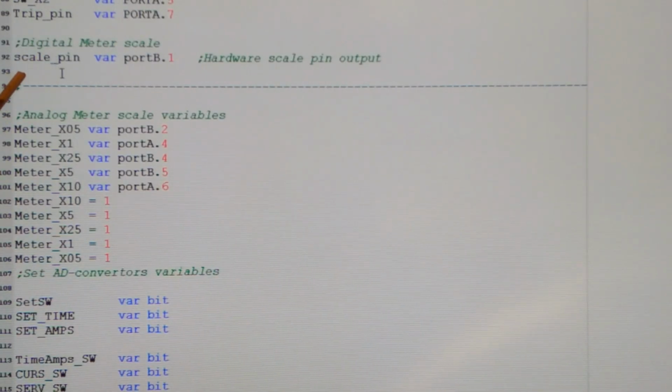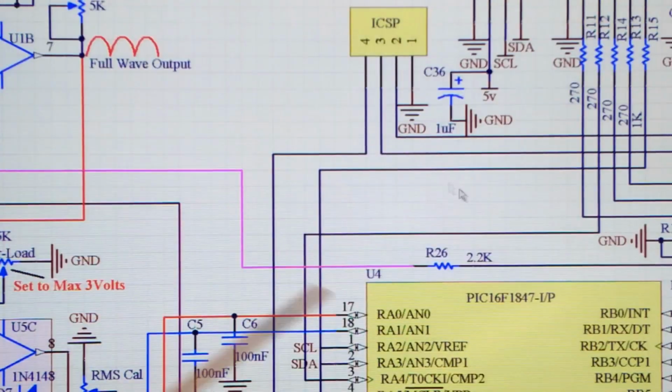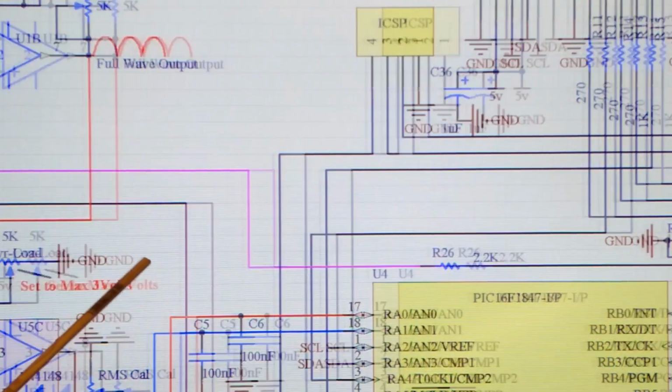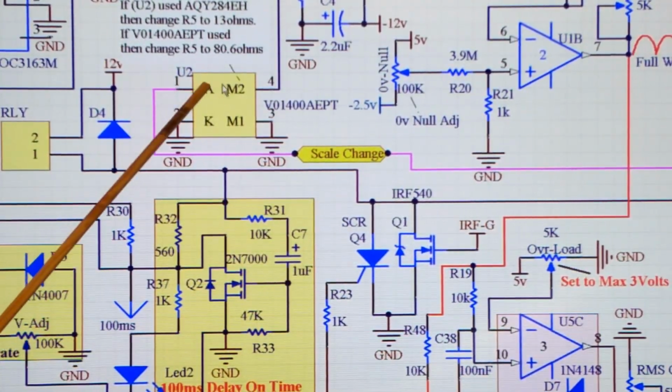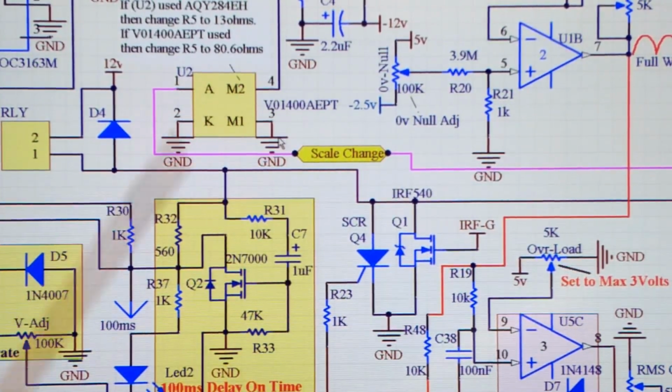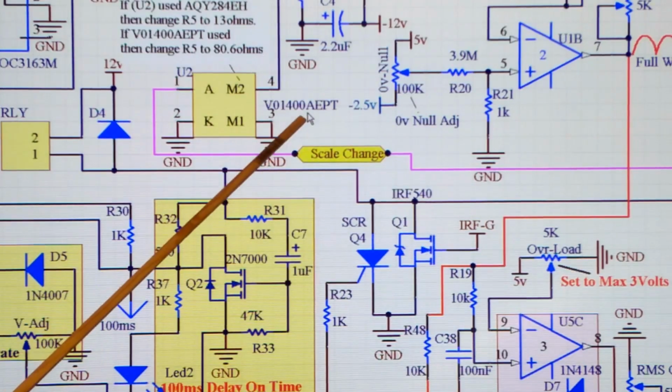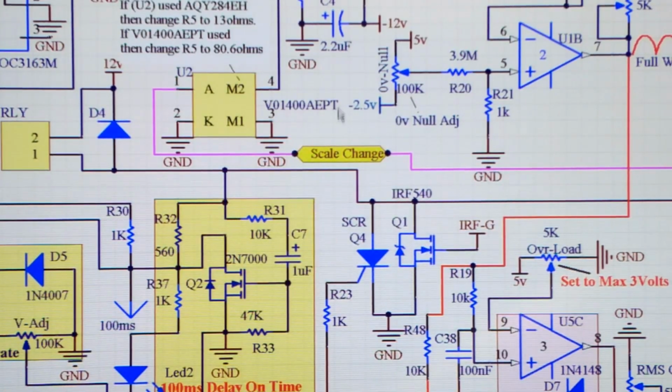And then I've got the scale pin output, port B.1, and I called it scale pin. When I'm changing the scale here, it comes out of pin RB1 and goes through the resistor, and as you can see here, scale change is going to put on this LED through this chip, the VO1400AEPT, the one I've used.